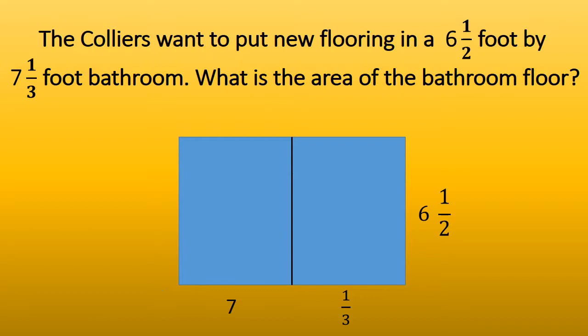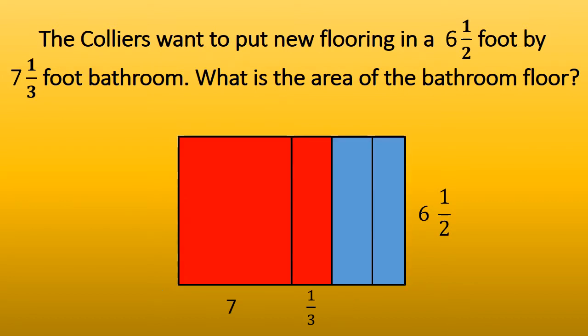Now we're actually going to split this area model up a lot like we did when we first started multiplication a long time ago using an area model. What we're going to do is split it up first vertically, and we're going to save the left side for our whole number 7 and the right side for our 1/3. Now the right side, 1/3, we're going to split it up into 1/3 so you can see the whole area like so.